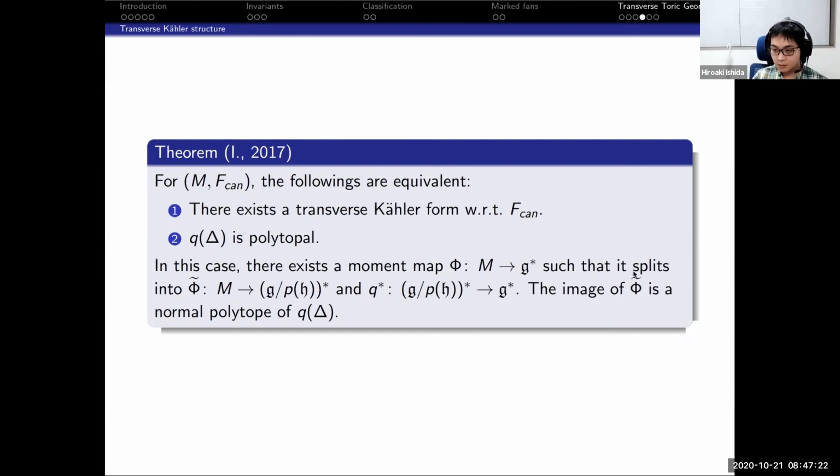The image of M by phi tilde is a normal polytope of this marked fan. So this is a generalization of the well-known fact in toric geometry.